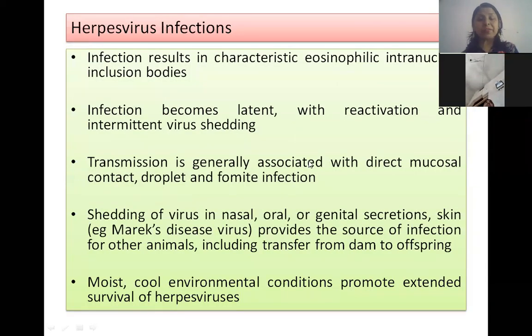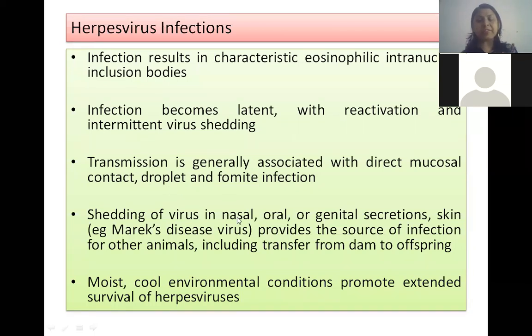Herpesvirus infections result in characteristic eosinophilic intranuclear inclusion bodies, and these infections are latent, reactivation occurs, and intermittent virus shedding occurs. Transmission of herpesvirus is generally associated with direct contact or through droplets or fomites.